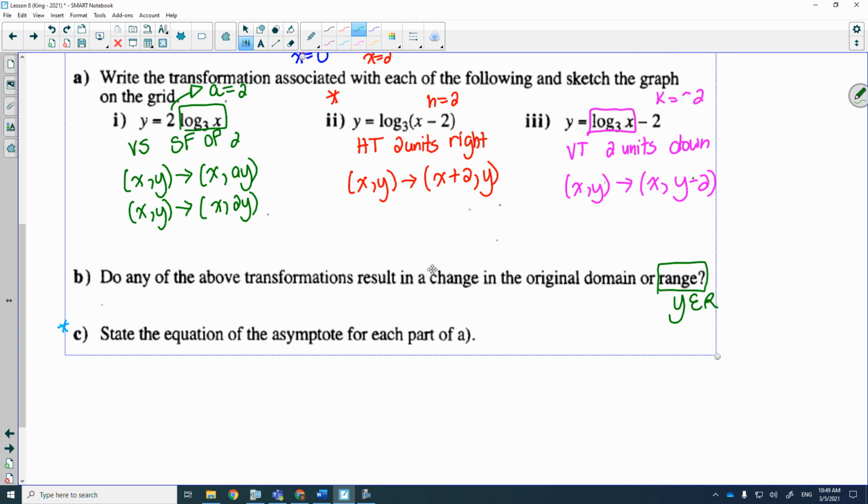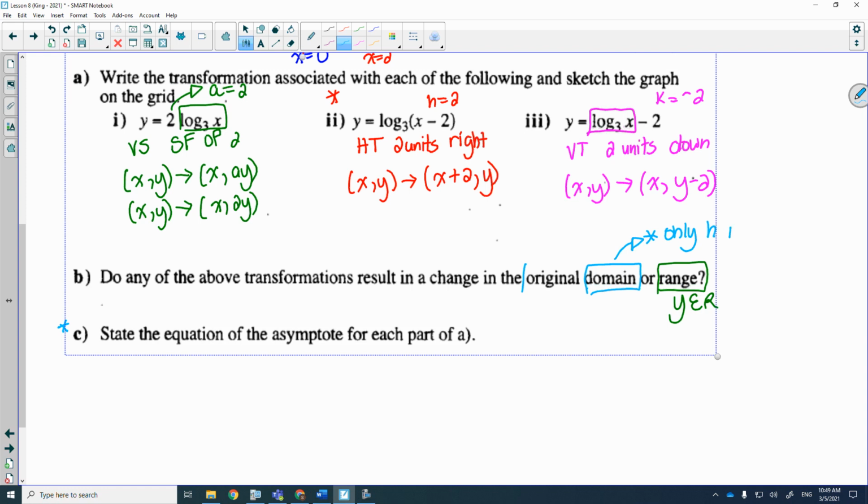There was one parameter that affected the domain. What was the parameter that affects the domain? Kelly? Yes, the H parameter. So for this last one, the domain, it's only the H parameter. So let's star that.